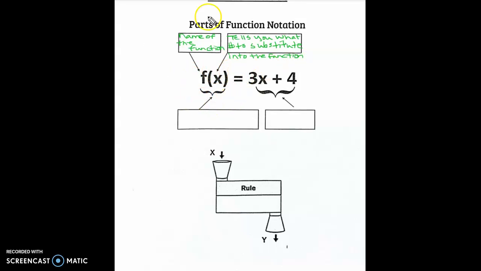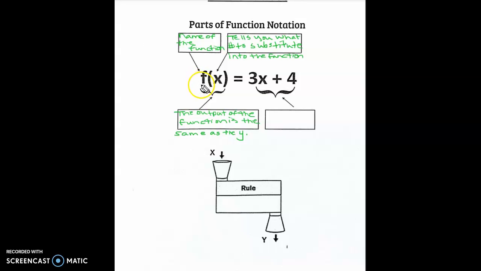Collectively, the f of x, that's the output of the function. Is the same as the y. They can just name it differently.